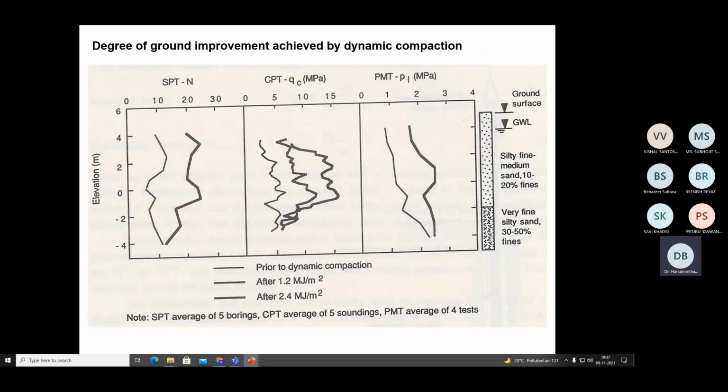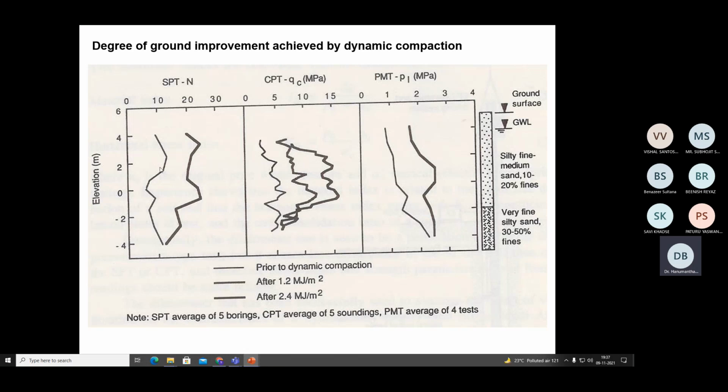So this is a live demonstration, live demonstrated data. You can see here what has happened to the SPT N value before dynamic compaction and after dynamic compaction. Almost the SPT got improved by double. Similarly, you can also see how the cone penetration value has increased pre and post dynamic compaction, and similarly the PMT.